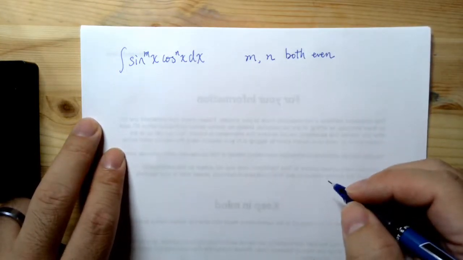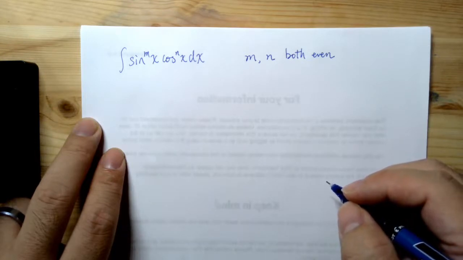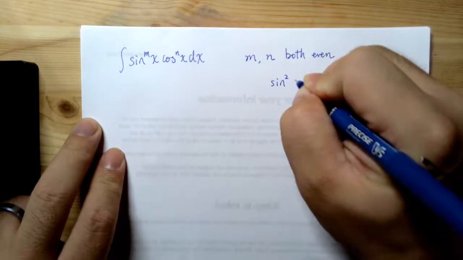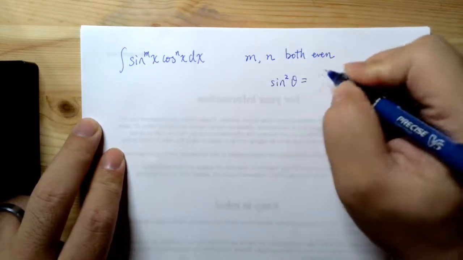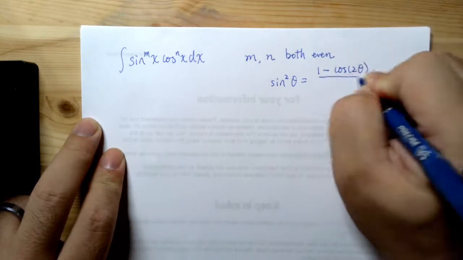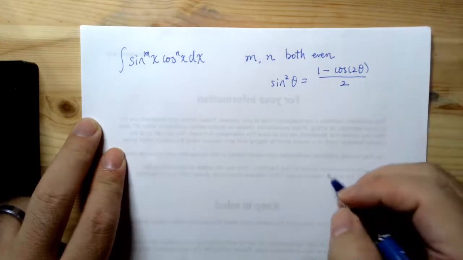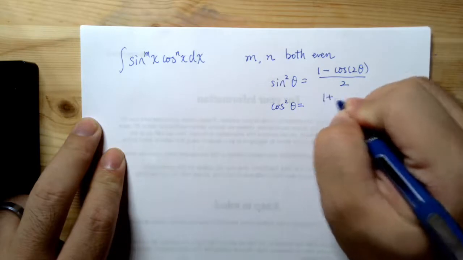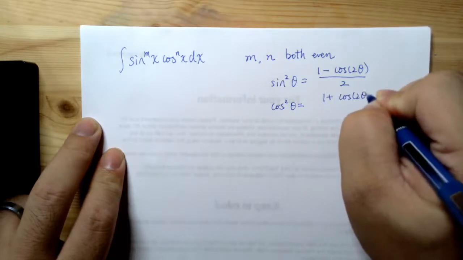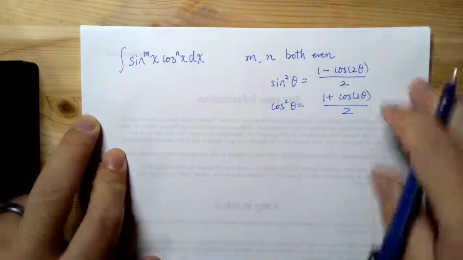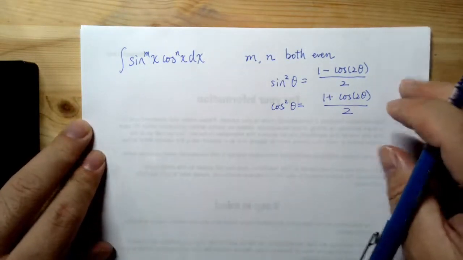The formulas we're going to apply are given here: sine squared theta equals 1 minus cosine of 2 theta over 2, and correspondingly, cosine squared theta equals 1 plus cosine 2 theta over 2. Those are the two formulas we're going to use to handle that.